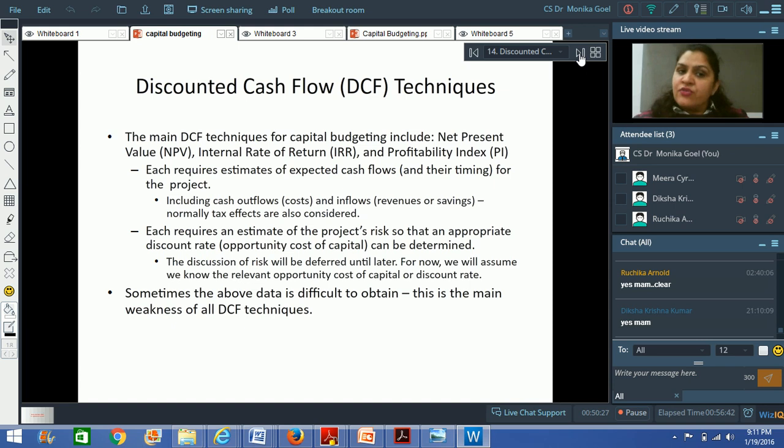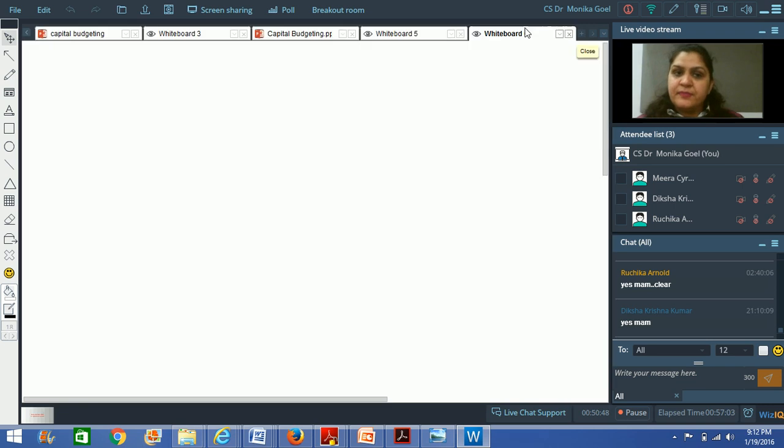So in year 1, what is going to be the cash flow? In year 2, what is going to be the cash flow? In year 3, what is going to be the cash flow? Right? And you also will look at the cash outflows, because there might be certain cash outflows involved in these years or in year 0. So you will look at the cash outflows and inflows.